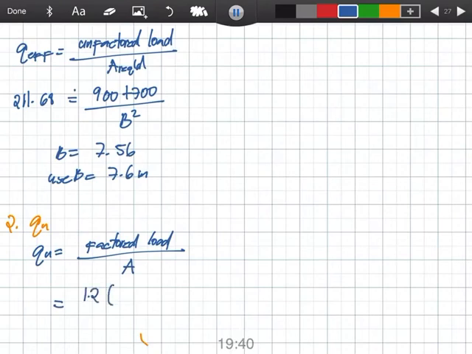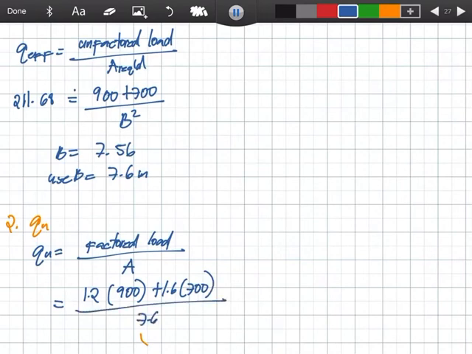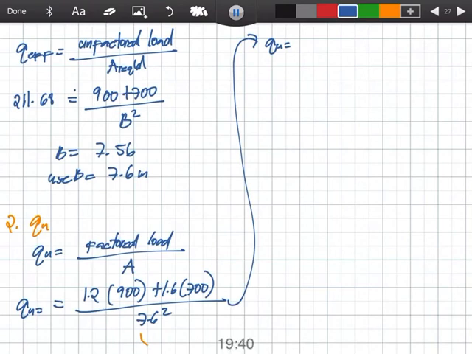So, shortcut na 1.2D 900 plus 1.6 times 700 over yung area na nagagamitin mo, 7.6 squared. Hindi yung area required.